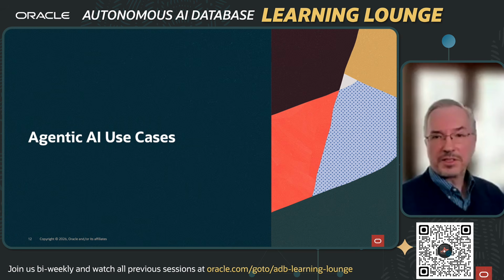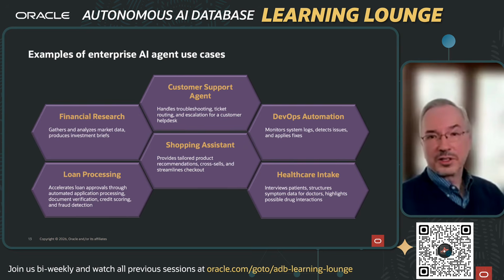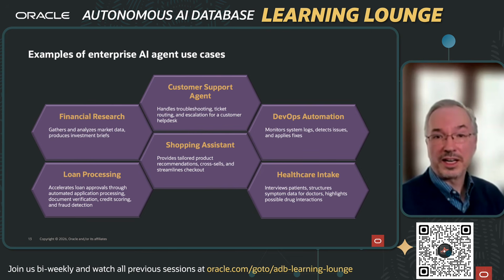But what are some typical agentic AI use cases? Well, we often look to AI agents to streamline work by gathering and analyzing large volumes of data, perhaps engaging users in natural goal-oriented conversations, and orchestrating tasks through secure integrations with enterprise systems.